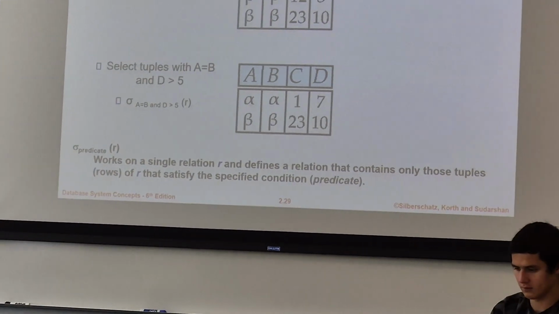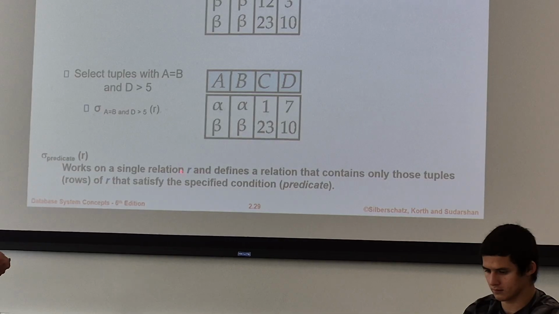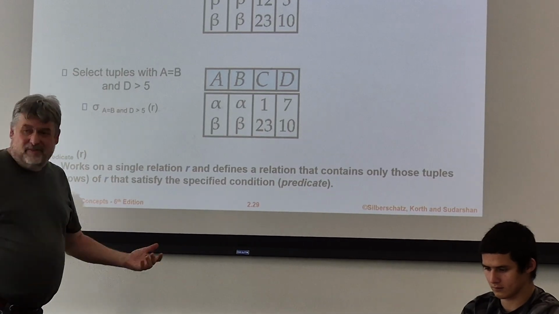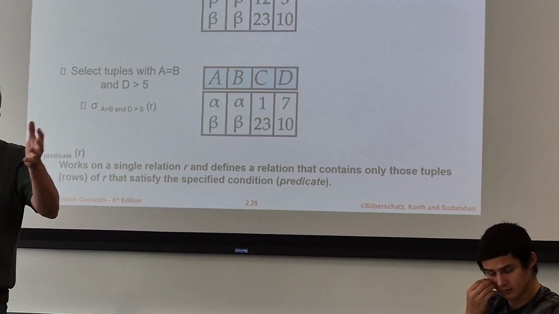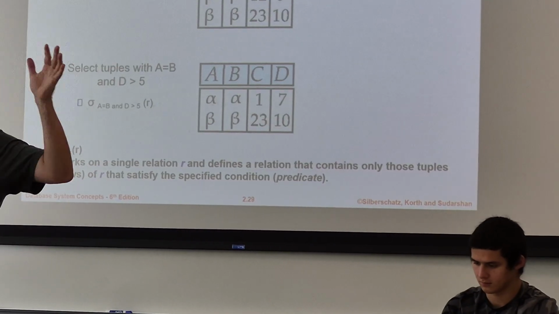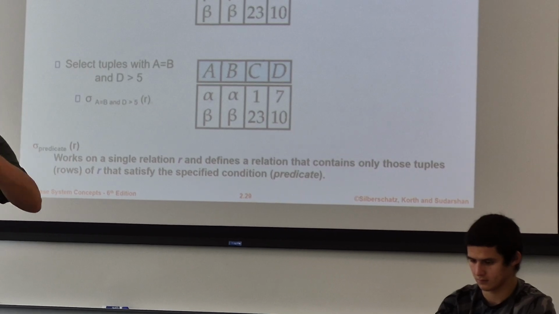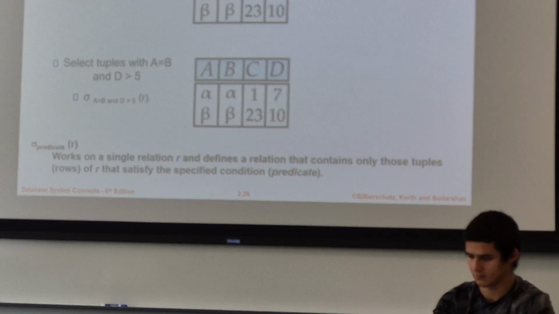So, a selection operation, generally, well, it says it works on a single relation R, but that single relation R can be a combination of tables already. It can be the virtual table that's created through the joining of table 1 and 2 and 3 together into a massive super table.